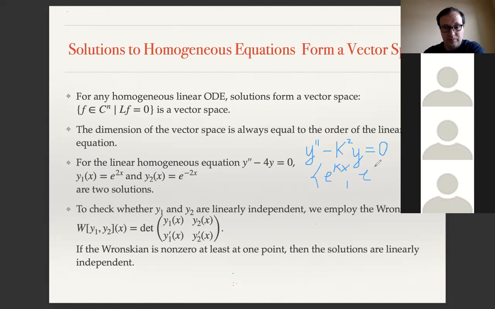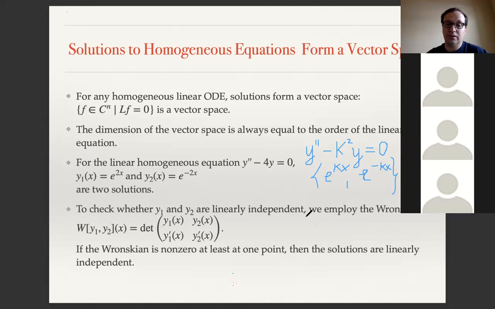And if you replace minus k squared by plus k squared, then instead of e to the kx and e to the negative kx, you'll end up with sine of kx and cosine of kx. So these are some pretty widespread equations. And so I think it is good to remember these formulas.